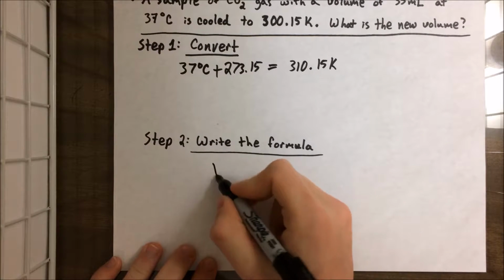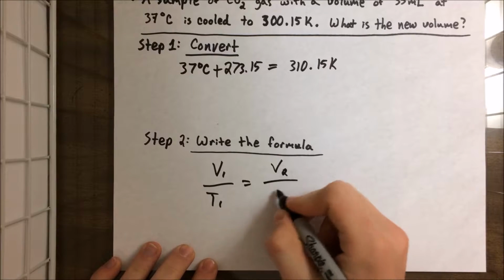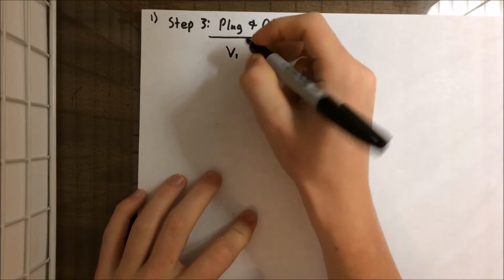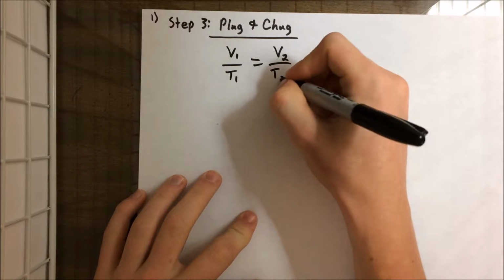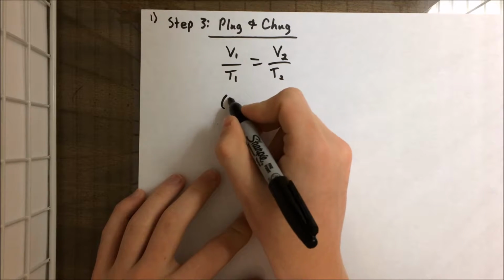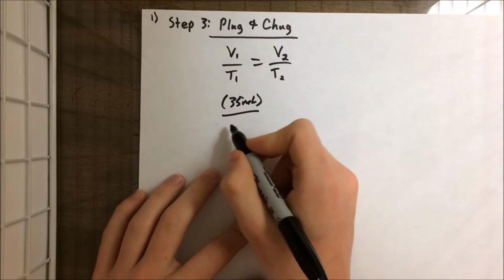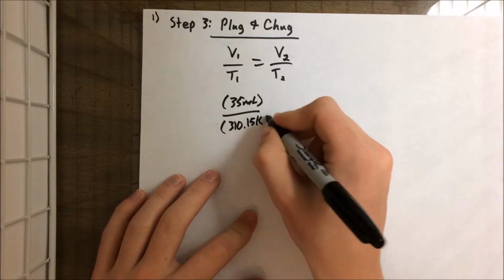Then step 2 is to write the formula: V1 over T1 equals V2 over T2. Step 3 is to plug and chug. V1, the initial volume, is 35 milliliters. The initial temperature is 310.15 Kelvin.